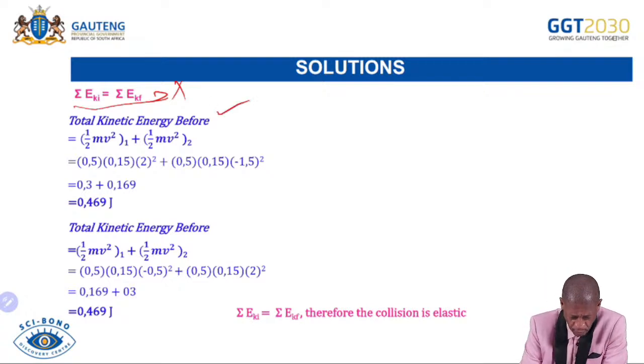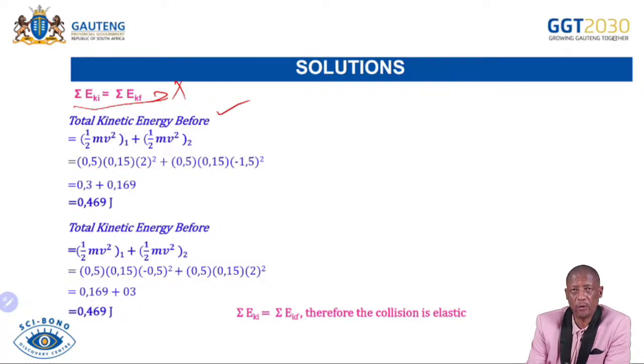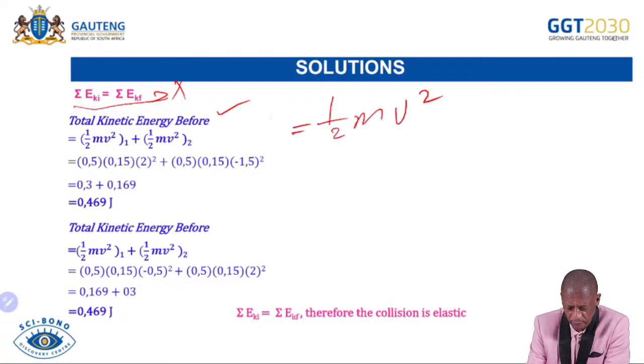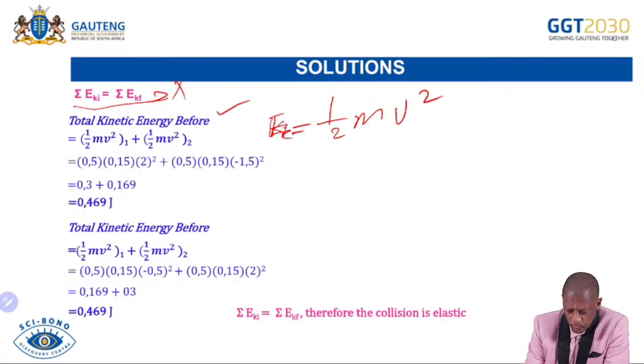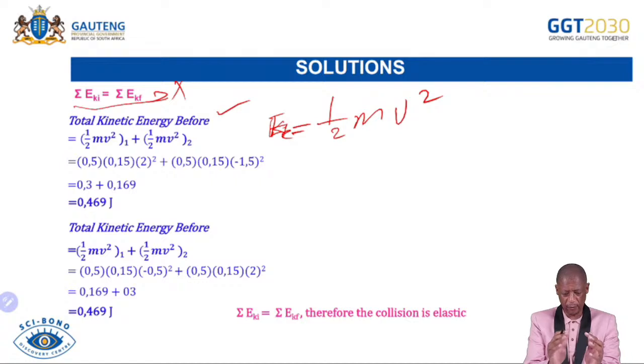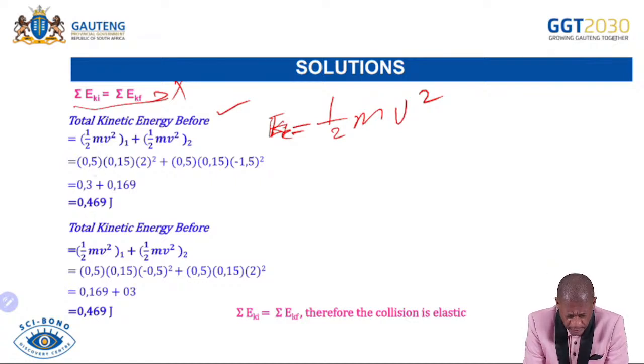This is before. Then we know that kinetic energy, what's the formula for kinetic energy? It is half mv squared. That is the formula for EK. This is the formula for EK, right? So we take the formula for EK. This is before, is the sum of the two. So we substitute.